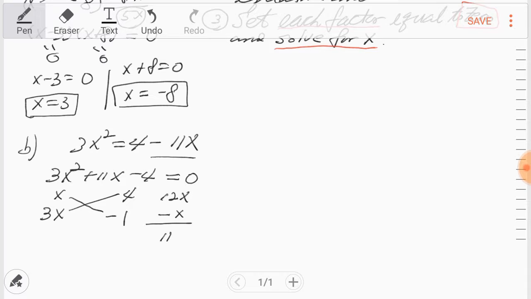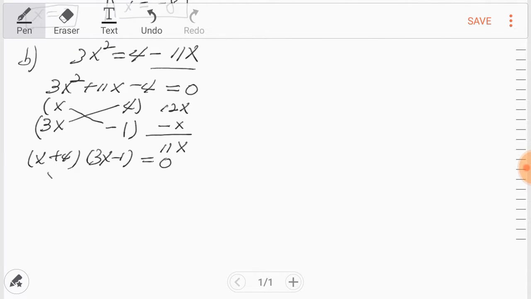The sum is 11x, and this sum is the same as the term in the middle. So we found the right pair. So the left-hand side is the product of x plus 4 and 3x minus 1. x plus 4 times 3x minus 1 is equal to 0.